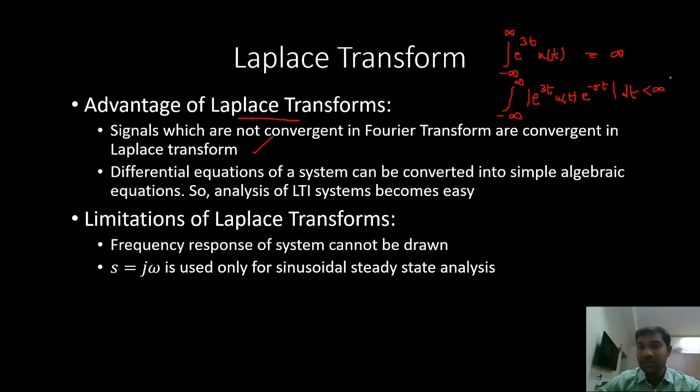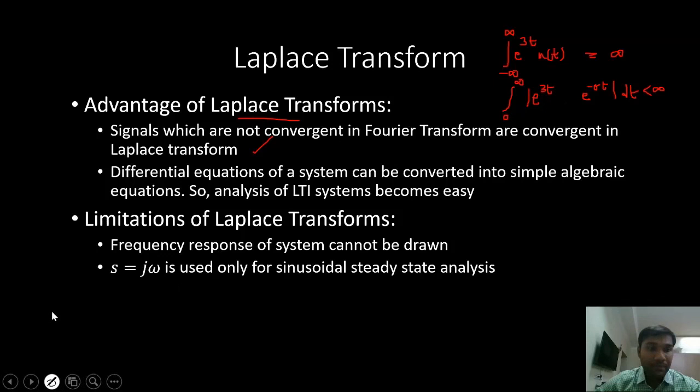This is the condition for existence. Now I will eliminate this u of t here. If I eliminate u of t here, what will happen? My lower limit will now become 0, right? Because u of t is defined only for 0 to infinity. Now this entire thing inside my modulus, what is it going to be?